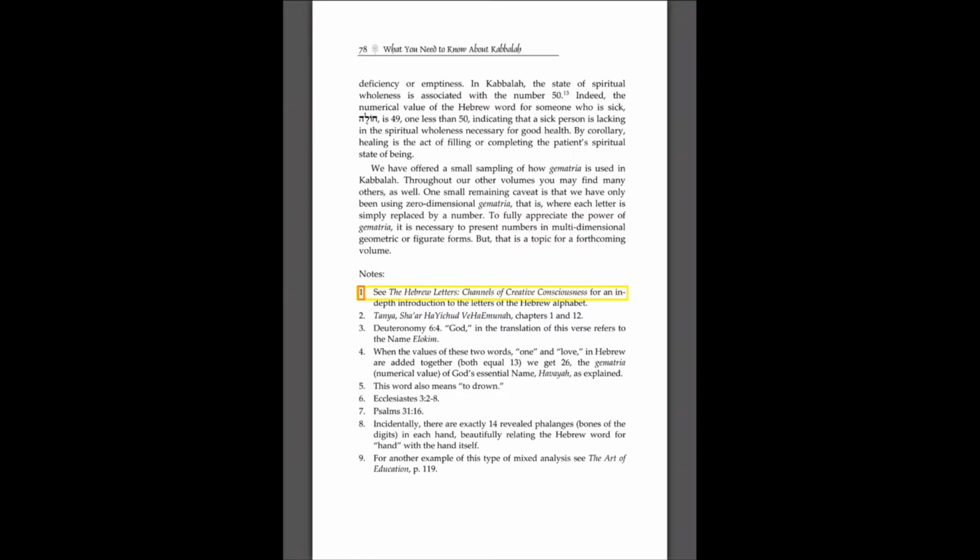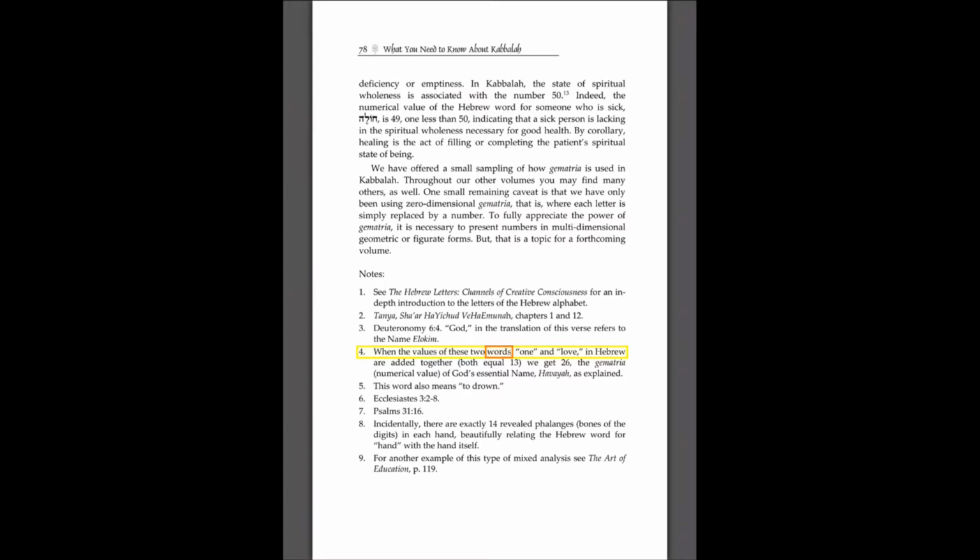Notes: 1. See The Hebrew Letters, Channels of Creative Consciousness for an in-depth introduction to the letters of the Hebrew alphabet. 2. Tanya, Sha'ar HaYichud v'Ha'emuna, chapters 1 and 12. 3. Deuteronomy 6:4. God, in the translation of this verse, refers to the name Elokim. 4.